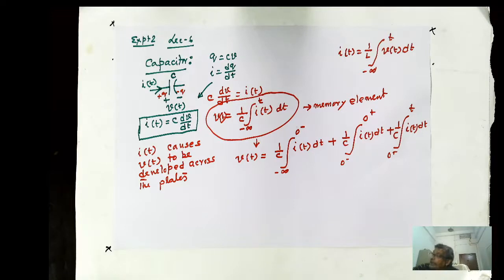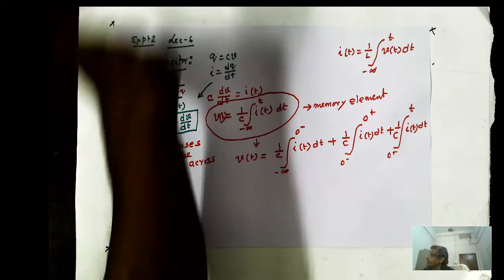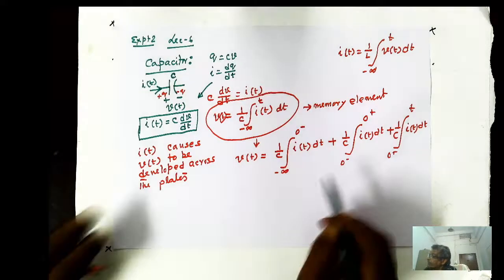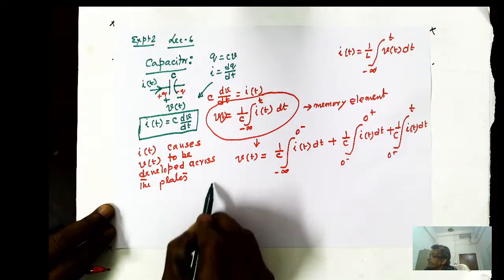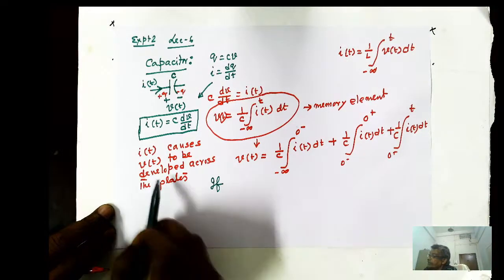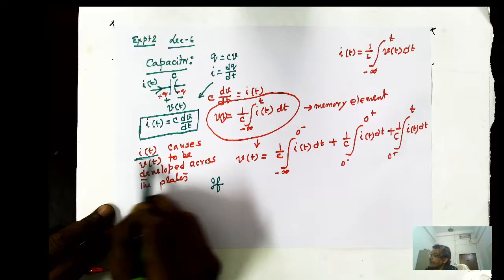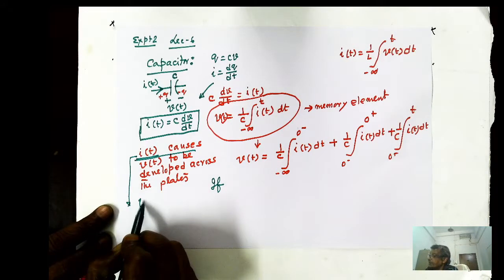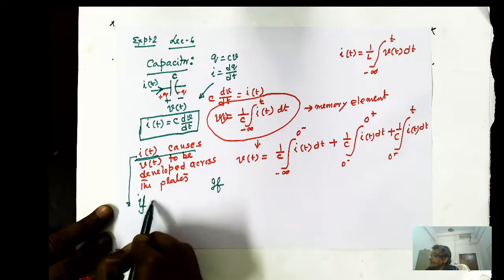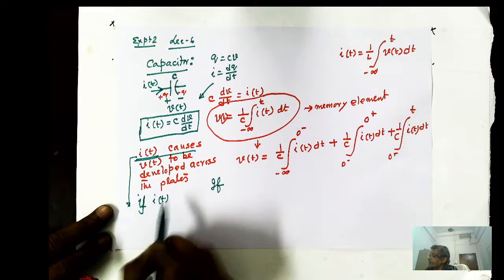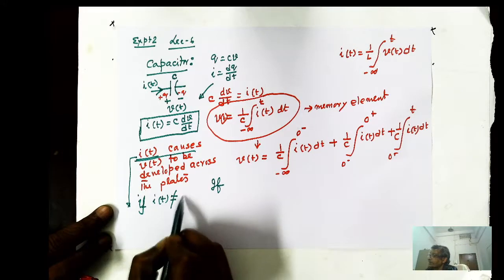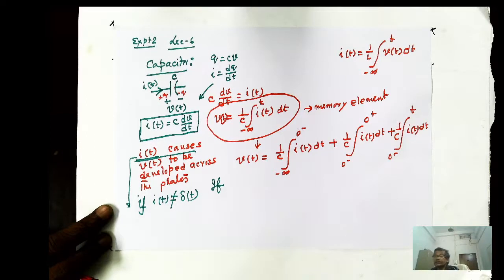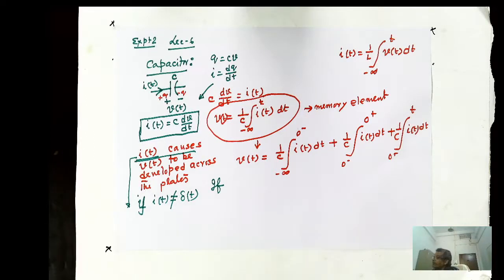Now, if the excitation current, the input cause, i(t), is not a delta function, then it has to be treated separately.